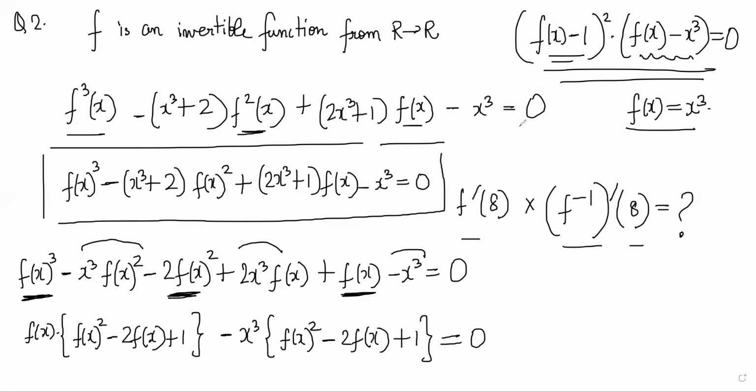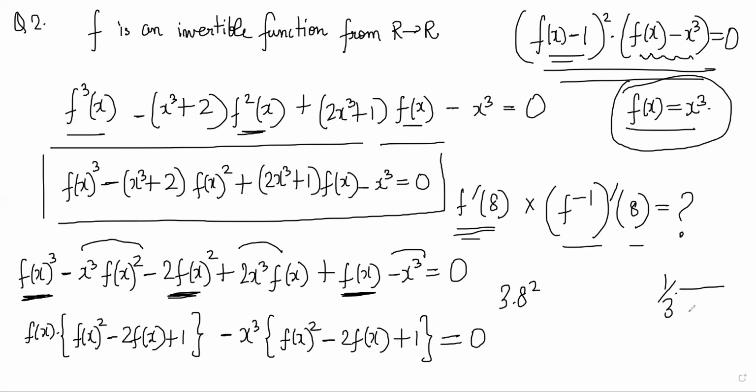Now if f of x is x cube, you can easily find everything. F dash x is 3x squared, so 3 into 8 square. And if f of x is x cube, your inverse would be x power 1 by 3. The derivative of the inverse will be 1 by 3 x power minus 2 by 3.